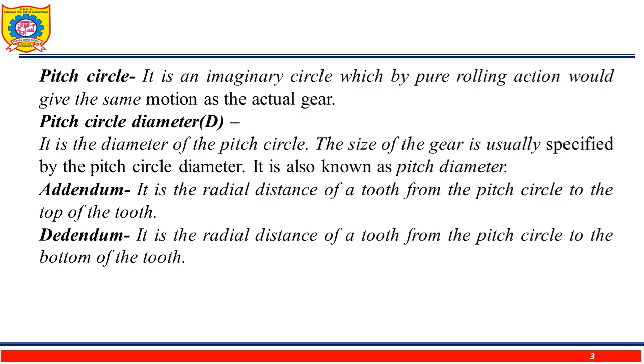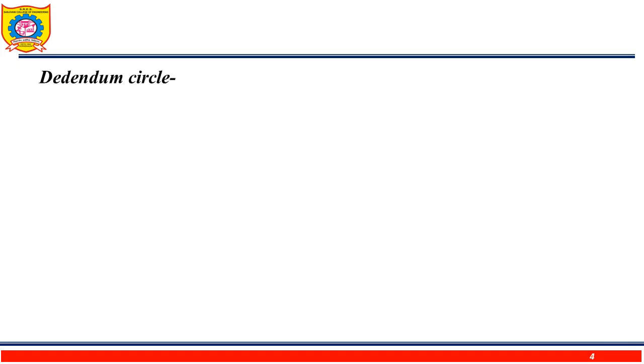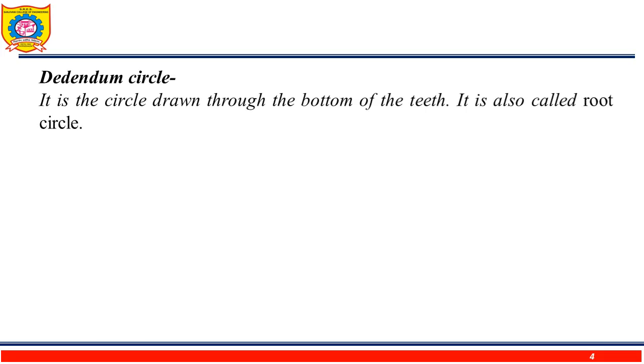It is the radial distance of a tooth from the pitch circle to the bottom of the tooth. Then addendum circle. It is the circle drawn through the top of the teeth and is concentric with the pitch circle. Let us see dedendum circle. It is the circle drawn through the bottom of the teeth and it is also called the root circle.